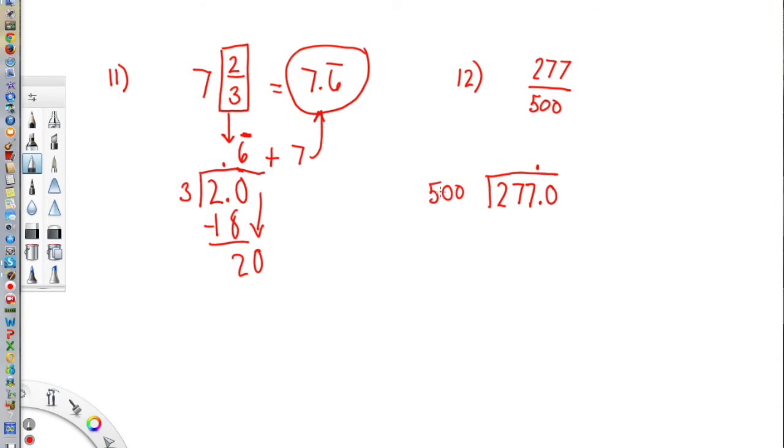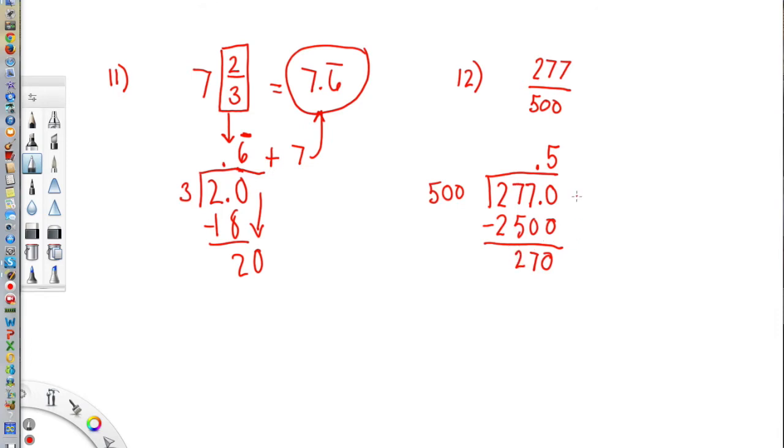So I know that 500 will go into 1,000 twice. It'll go into 2,000 four times. Then 500 will go into 2,770 5 times, which will give me 2,500. I subtract, 0, 7, and then I get 7 minus 5 is 2.